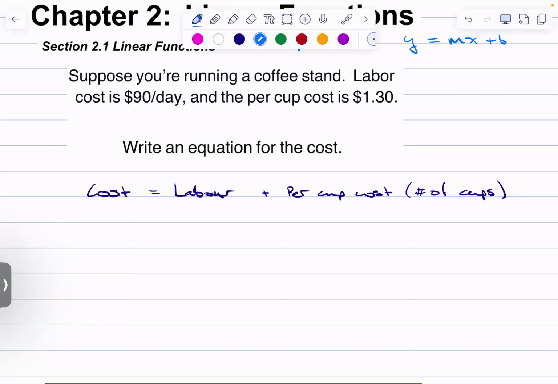If we let the number of cups be X, because I want to use this function and input, okay, I sold this many cups, my costs would be what?